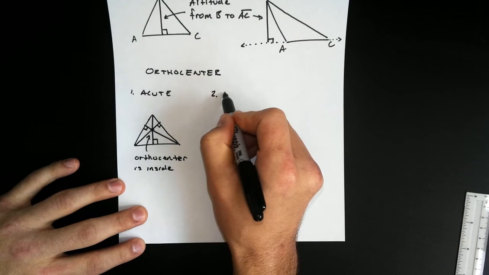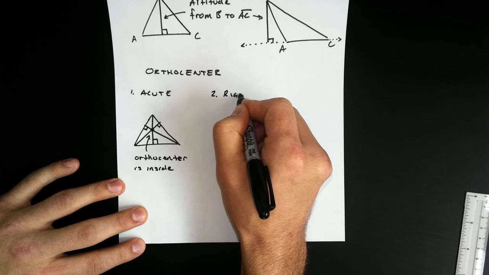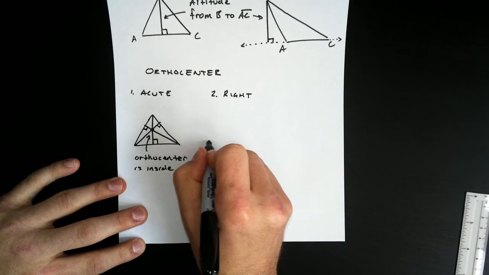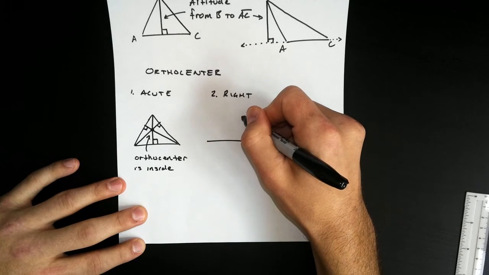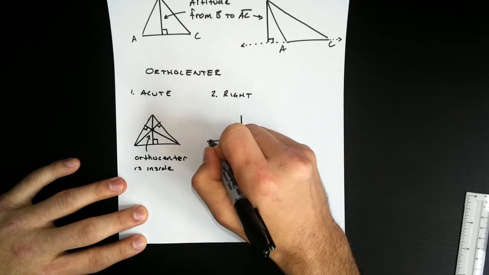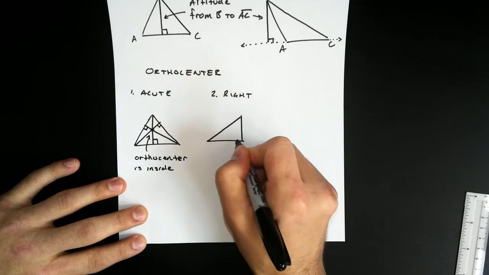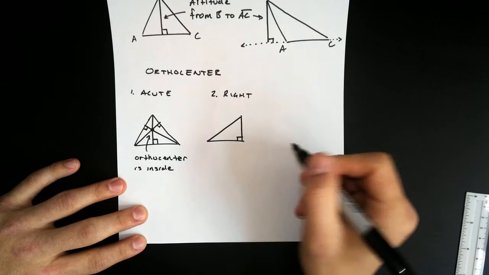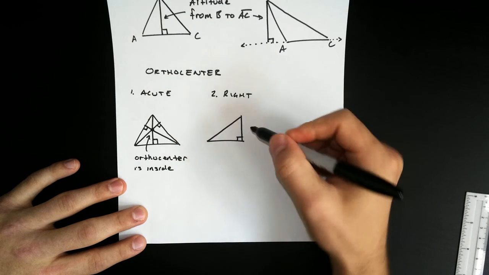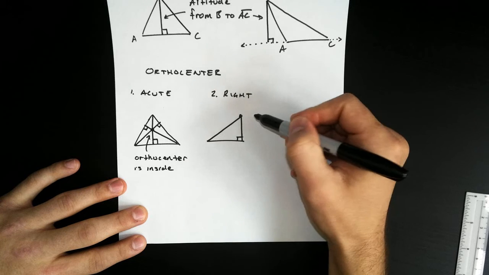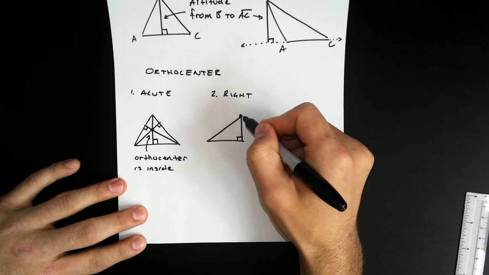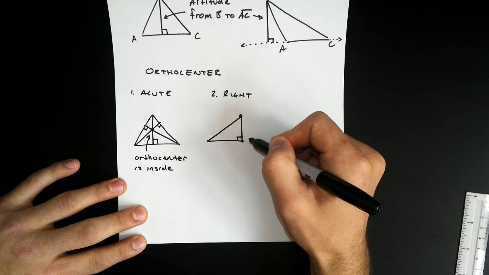The second option is if we have a right triangle, and in this case, 2 of the altitudes of the triangle actually are sides of this triangle. So we already have the right angle here, so from this vertex, if I try to drop in the altitude, it's actually just this side of the triangle.